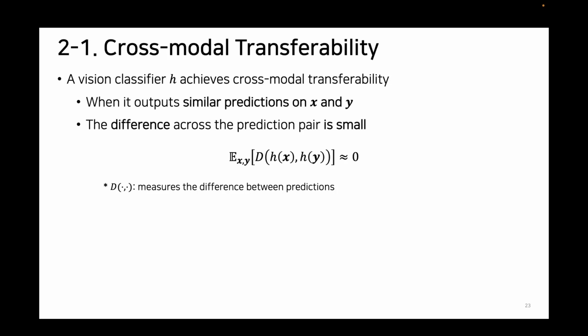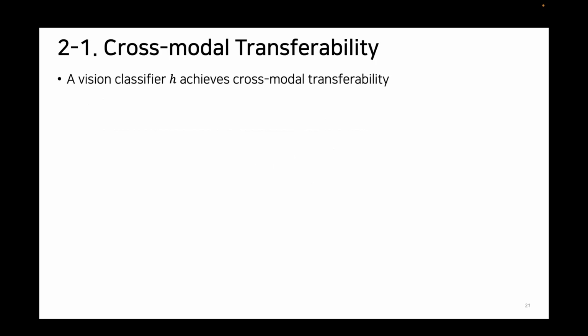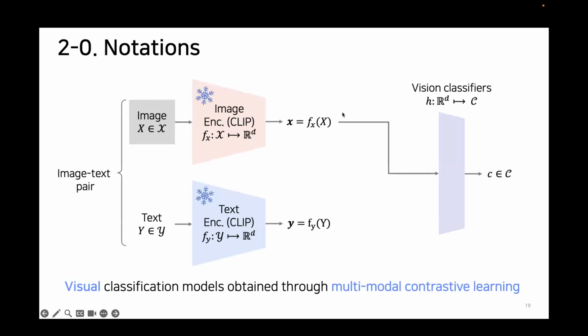Sorry, excuse me. In this definition of the transferability, the X and the Y come from different modalities, that's the assumption, or the same modality? Different modality. The vision classifier H can take the image or the text inputs. So it's kind of a unified, model-agnostic function. Actually, the H is trained with the embeddings from visual inputs.